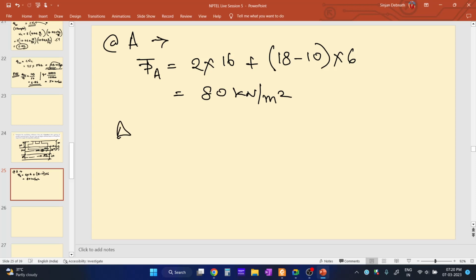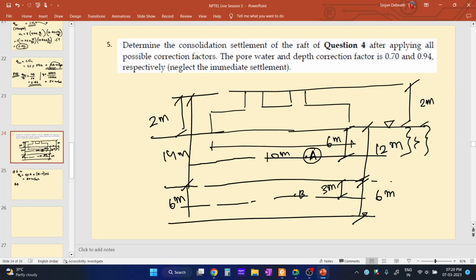And what is the additional stress that is acting at this point if we consider 2:1 stress distribution ratio? 2:1 stress distribution ratio means, see, here the thickness is 6, so that means this one will be half of 6.